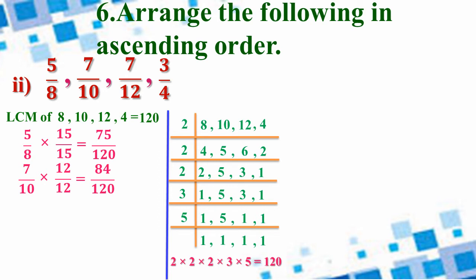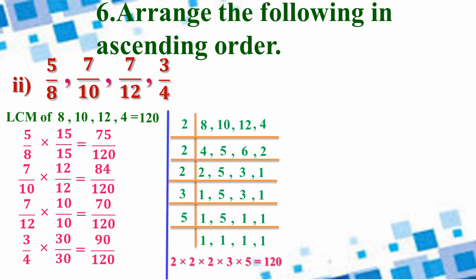So we get 84 divided by 120. Next, multiply with 10. So we get 70 divided by 120. Next, the fraction 3 by 4, multiply with 30. So we get 90 divided by 120.